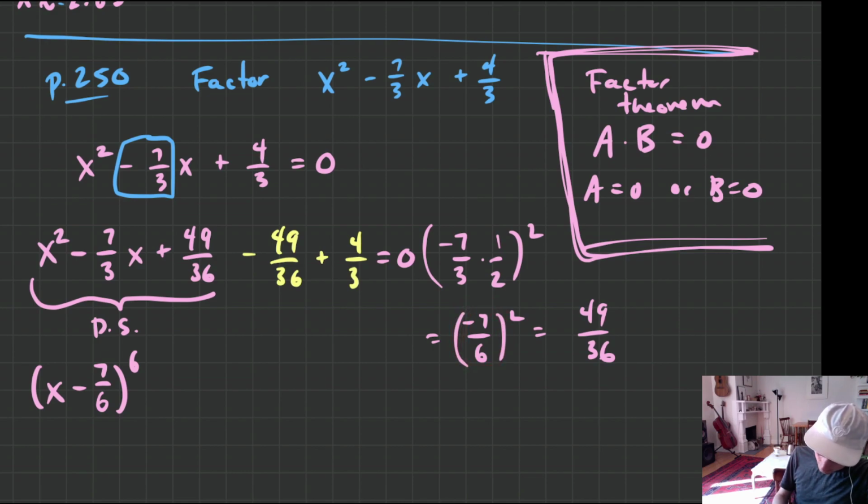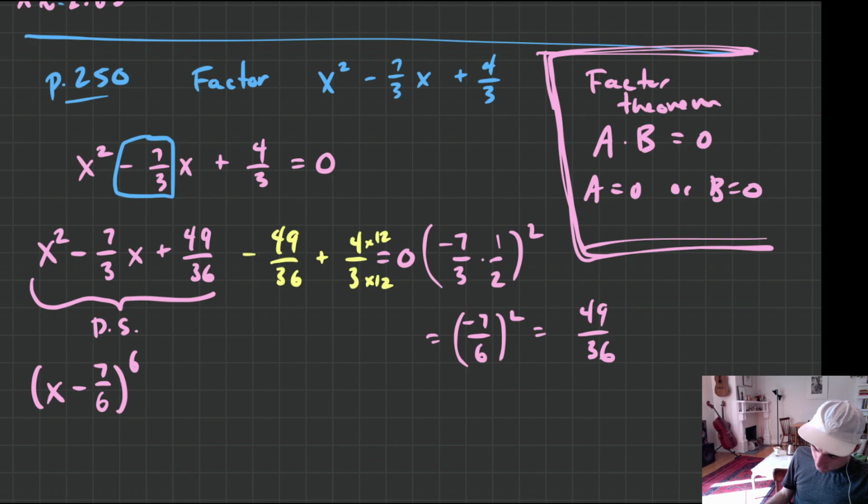And then everything else, everything in yellow, is going to look like this. So I've got negative 49 over 36 plus 4/3. If I multiply the top and bottom of this by 12, then I'll have a common denominator of 36.